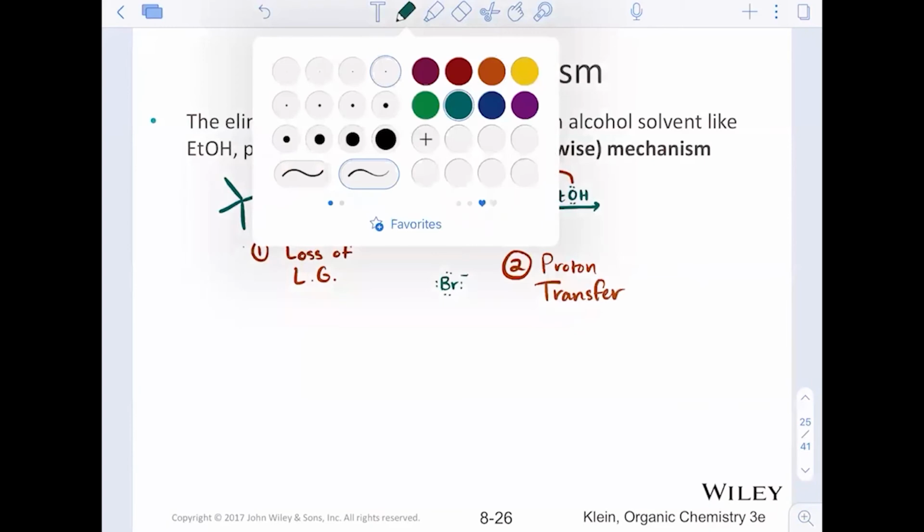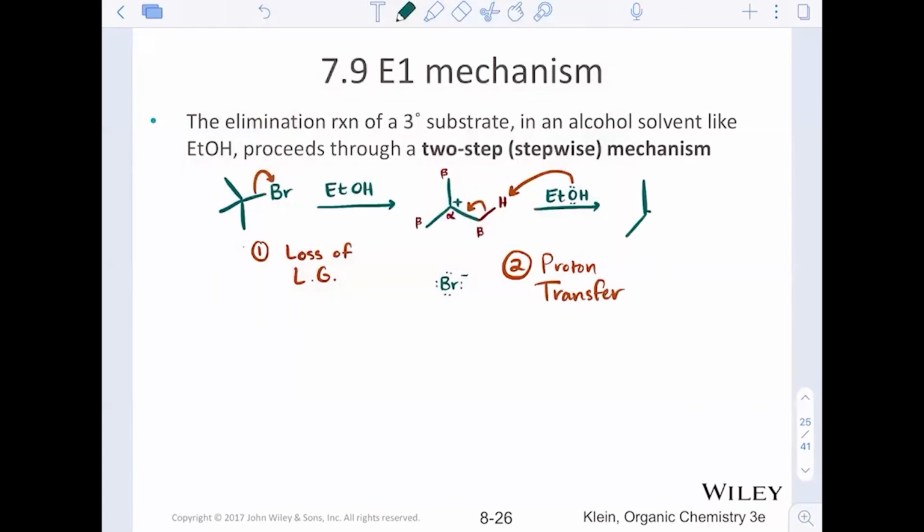We roll that pi bond down in between alpha and beta. There's alpha, there's beta. We also do make a protonated ethanol, and we also have Br minus floating around in solution.